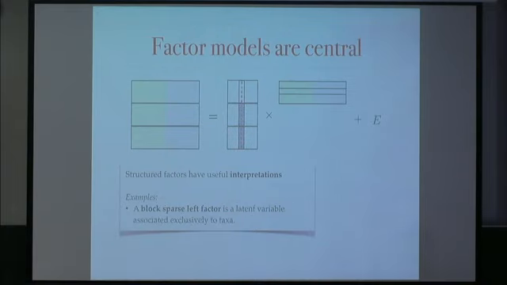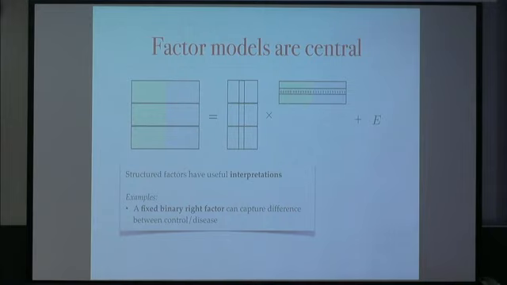If you have a factor which is block sparse, so all of this is 0, and then you have non-zero entries in just one of the blocks, that would be a latent variable that is associated exclusively to taxa. Whereas if you have blocks that involve more than taxa, maybe taxa and genes, that could represent interactions between different types of variables.